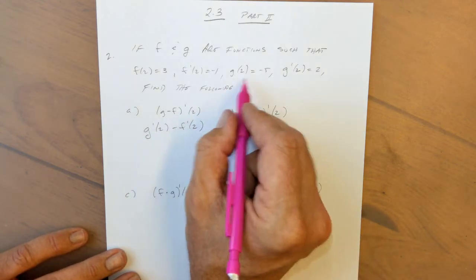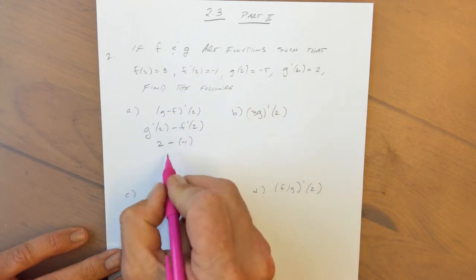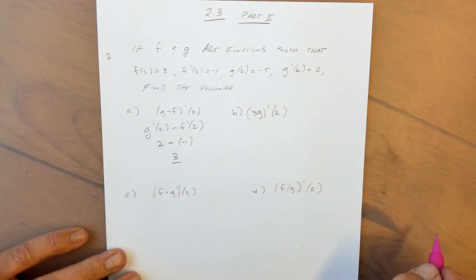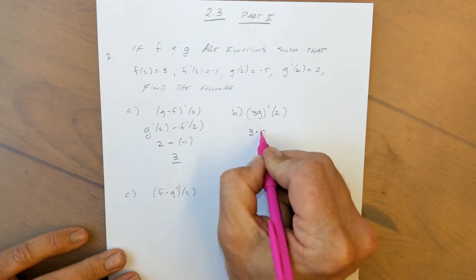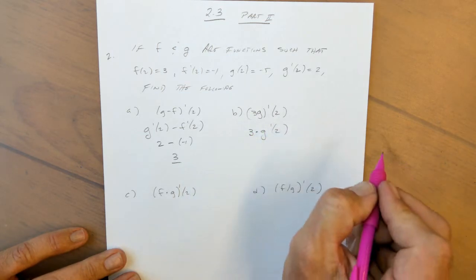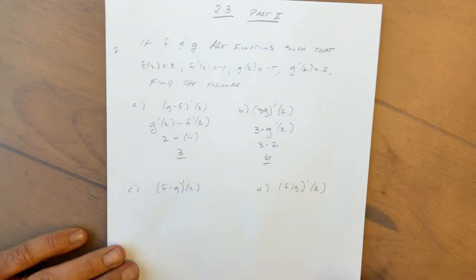And g prime of 2 is 2, f prime of 2 is negative 1, and so that equals 3. And here we have a scalar, so this is the same as 3 times g prime of 2, and since g prime of 2 is 2, 3 times 2 is 6.